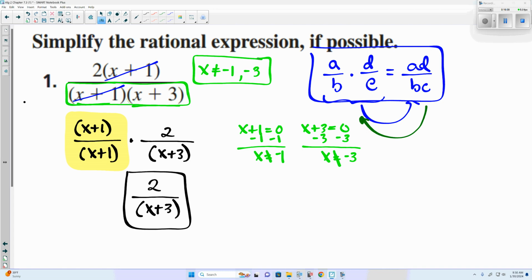If it doesn't ask for it on the homework, I'm not expecting it. But I do want us to see this because, again, it's something good to be mindful of. Because for addition, subtraction, multiplication, division, when we're not solving, it's not a big deal. But once we start solving, getting in the habit of seeing and remembering these is helpful. Because when we start solving rational equations, on some of them these values will come up.